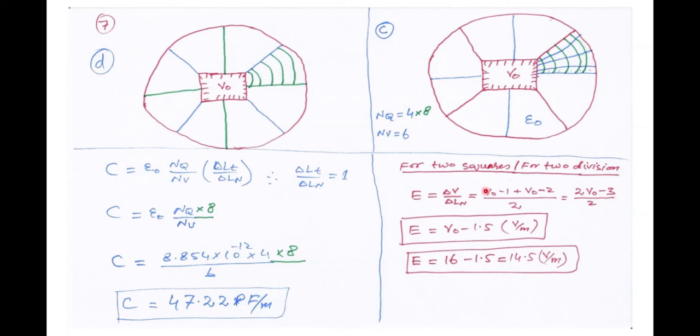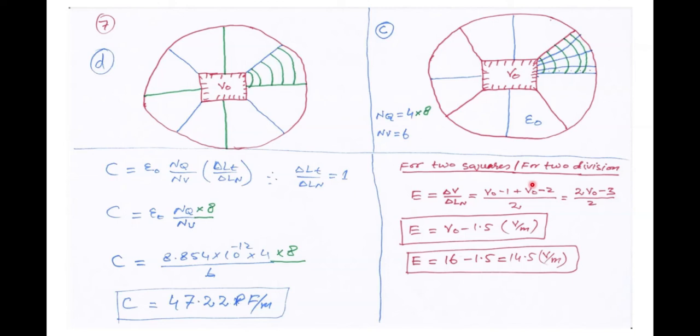For example, let us consider two units, two curvilinear squares away to the right side of the inner conductor.